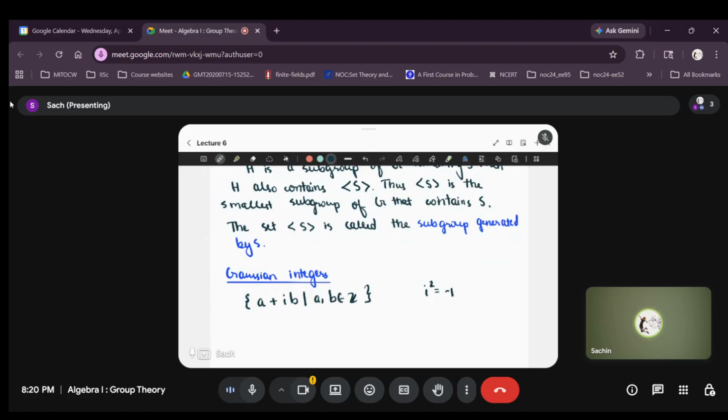So i is the square root of minus 1 from complex numbers. This set is called the set of Gaussian integers, and it is generated by 1 and i.